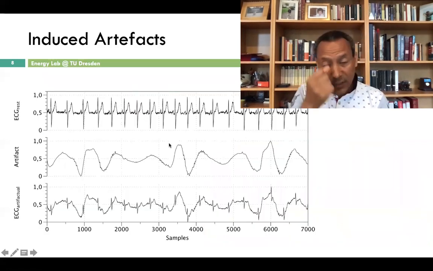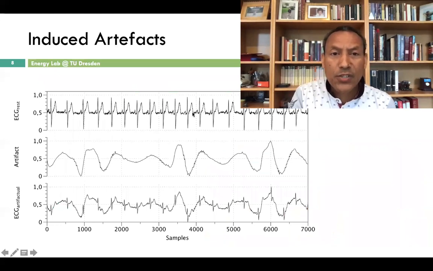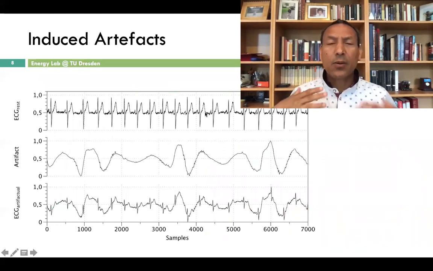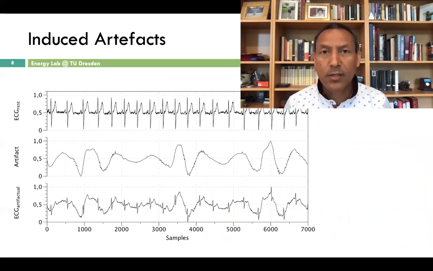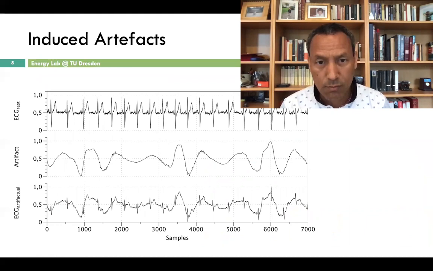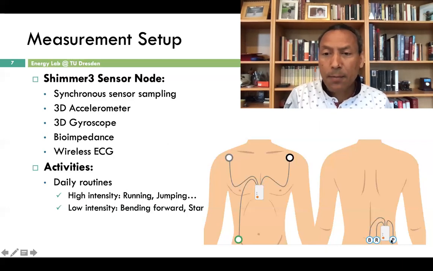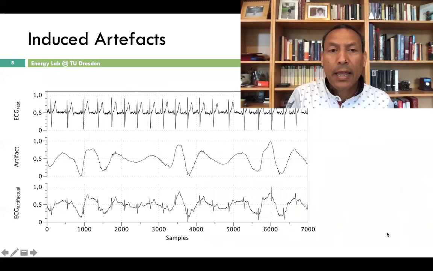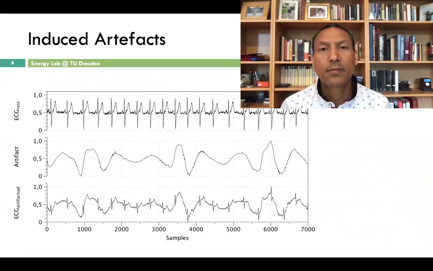Okay, so this is an example. Here, as you can see, this is a clean ECG signal we take when the person is resting. This is not affected by motion. We can generate a motion using this setup here. And then we have this sensor, this data from the x-axis of the accelerometer.